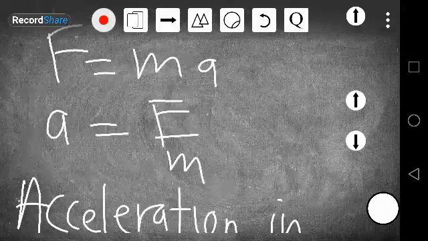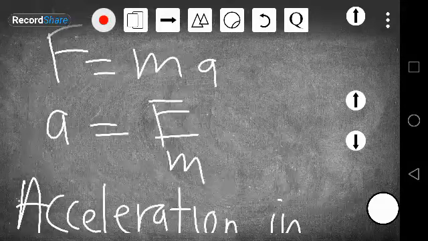So if we have a body, maybe it's moving or it's not moving, if we apply a force to that body, the force that we apply is directly proportional to the acceleration. So we apply a force, the body moves with a certain acceleration. So the force you apply is proportional to the acceleration achieved by the body.